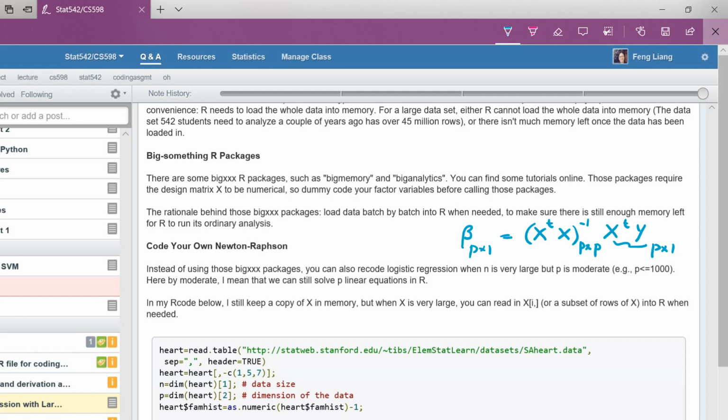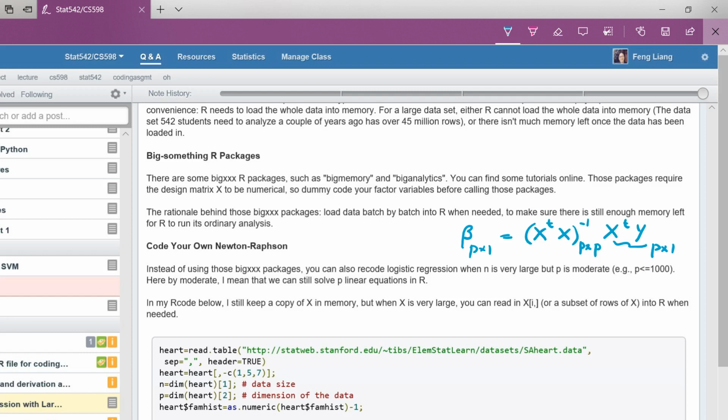For your beta, let's say P already includes the intercept, so P is 10. All you want to compute is the P by P matrix X transpose X, which is the part involving a sum over millions of observations, and X transpose Y, which is a P by 1 vector. That's all you want to compute.